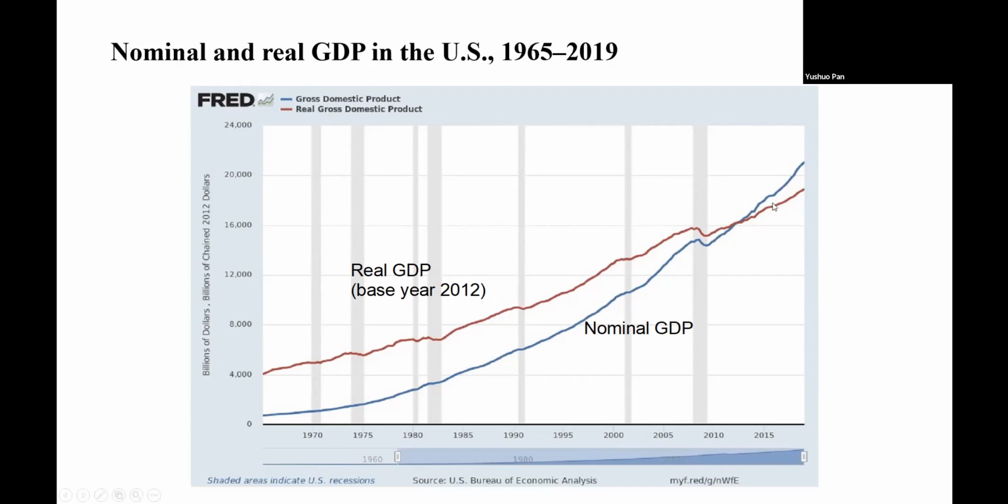But after that, also because of inflation, the nominal GDP will be bigger than the real GDP because the prices after 2012 are higher than in 2012. So according to this table, you can see if we choose a different base year, the curve will be different.